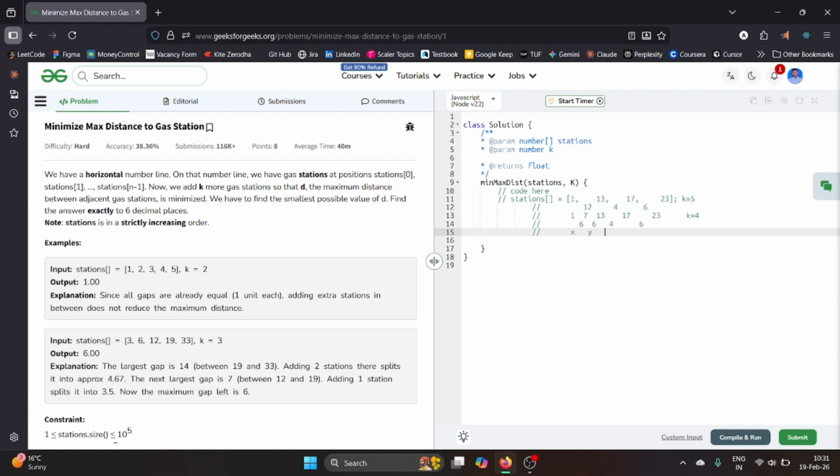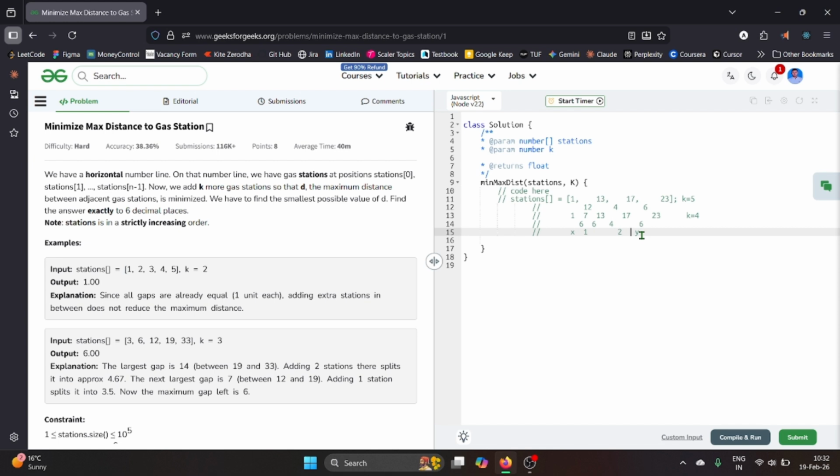First of all, we have only two gas stations, like 1 and 30. We have to put our new gas stations in between them. Let the first gas station be here and the second here. When we put our two new gas stations, the gaps created are 1, 2, and 3.